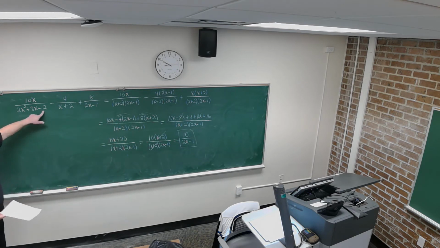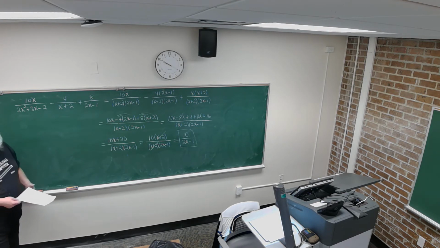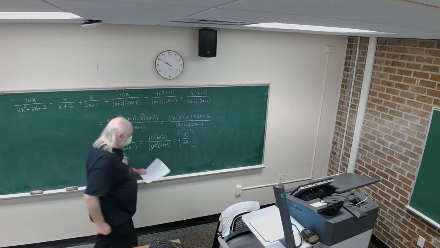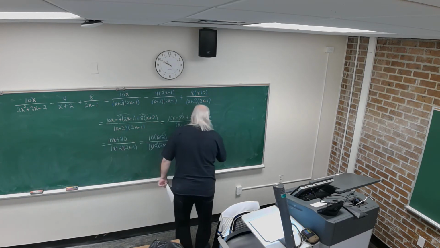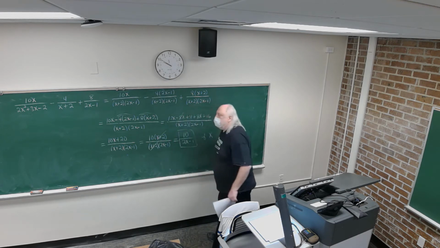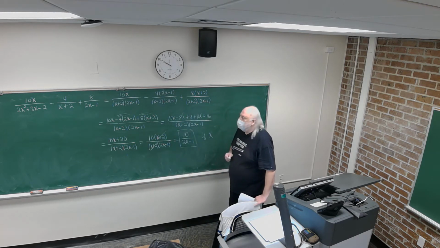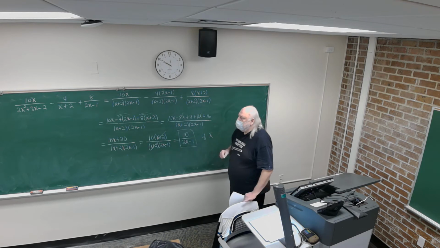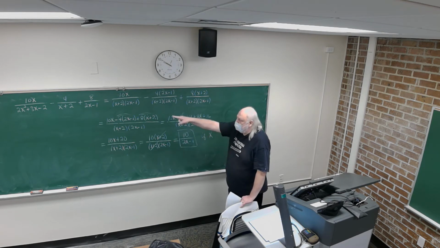So this sum and difference of three quotients simplifies to 10 over 2x minus 1, provided x doesn't equal two numbers. What two numbers will make the denominator of any of those quotients equal to 0?